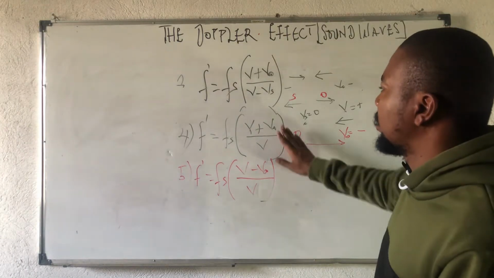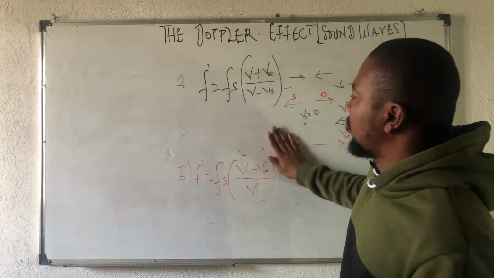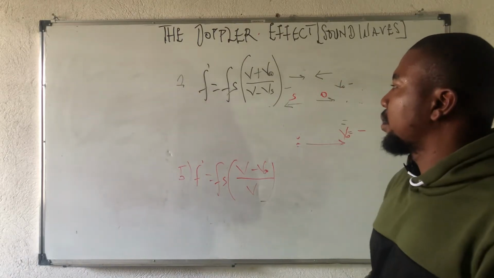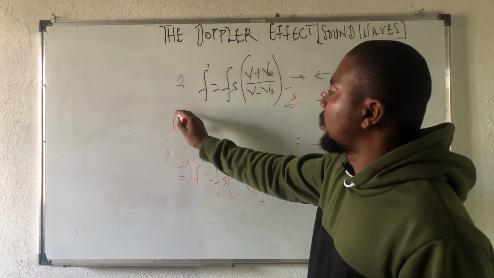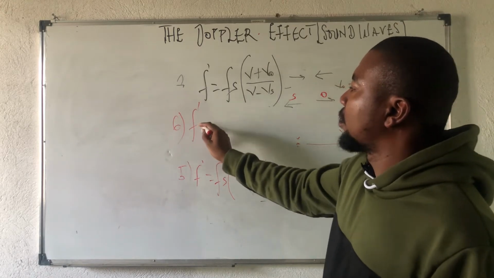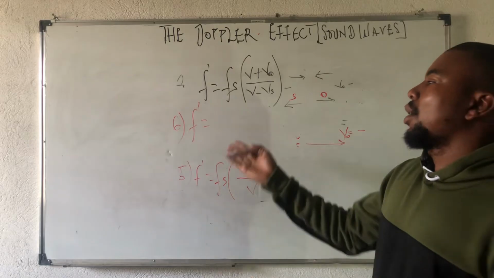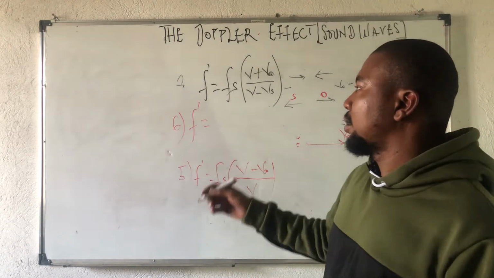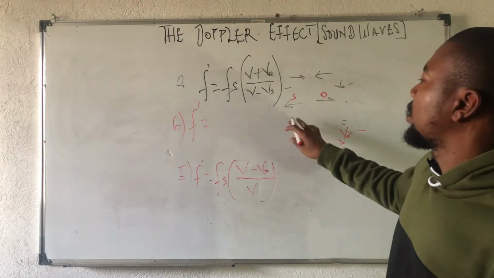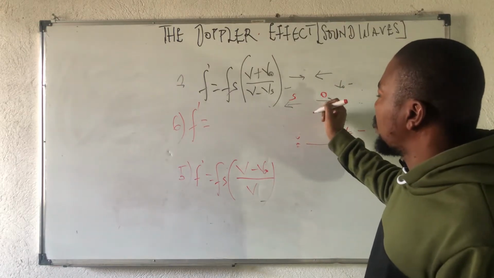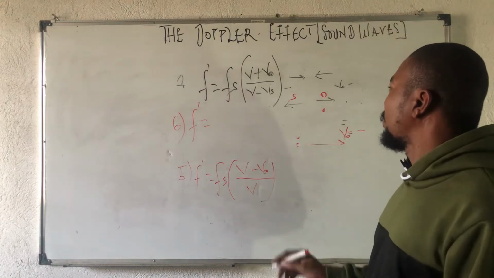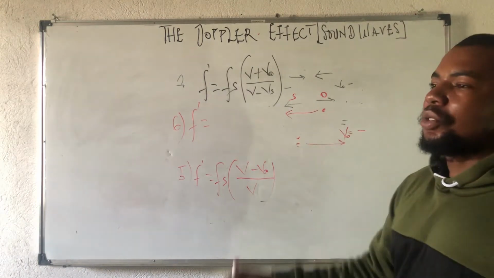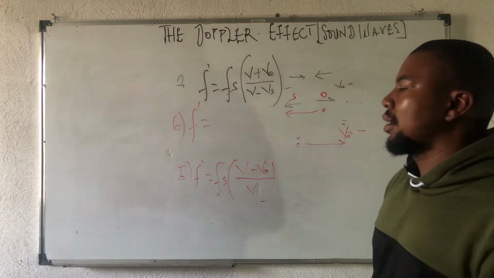And finally, this right now is the sixth case. So to calculate the apparent frequency in this case, where the observer is stationary and the source moves away from it.